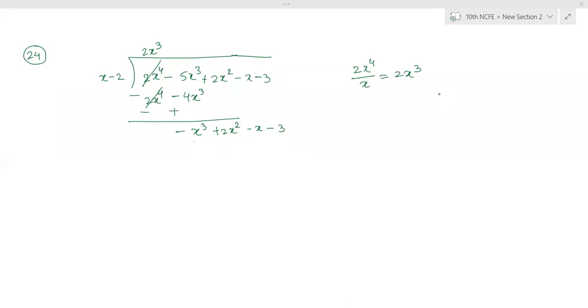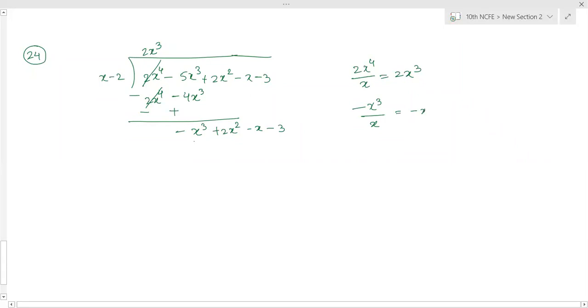Ma'am, x square. Plus or minus? What is the sign with which you have to divide? Minus x cube you are dividing with x. Ma'am, minus x square. So the quotient should be minus x square.